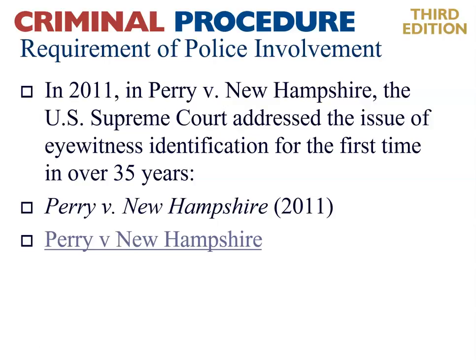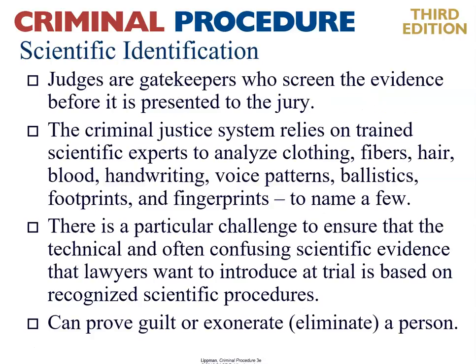In other words, did the identification result from the observation of a suspect at the scene of a crime, or did the identification result from the suggestive identification? And the judge will have to rule whether the identification is going to be admissible or inadmissible. By definition, admissible means that the witness may testify, and inadmissible means that the witness may not testify. So hopefully that clears that up.